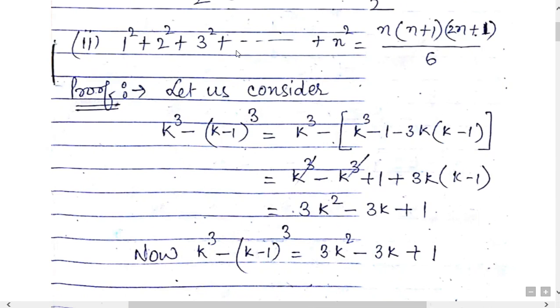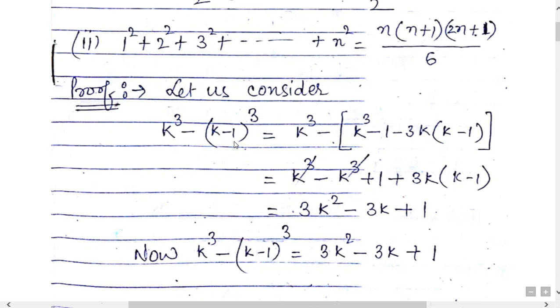The base for this formula is k cube minus (k minus 1) whole cube. If it is square, then you can apply this concept with power 3. If you have to find sigma n cube, then you can apply power 4 here.